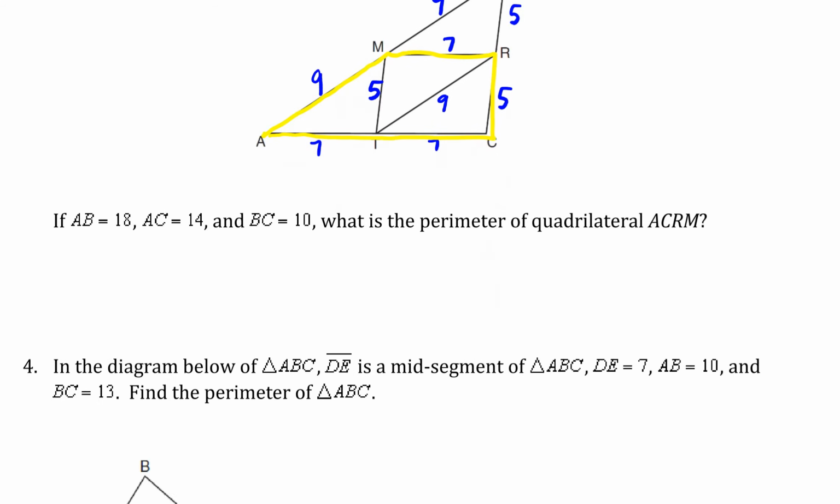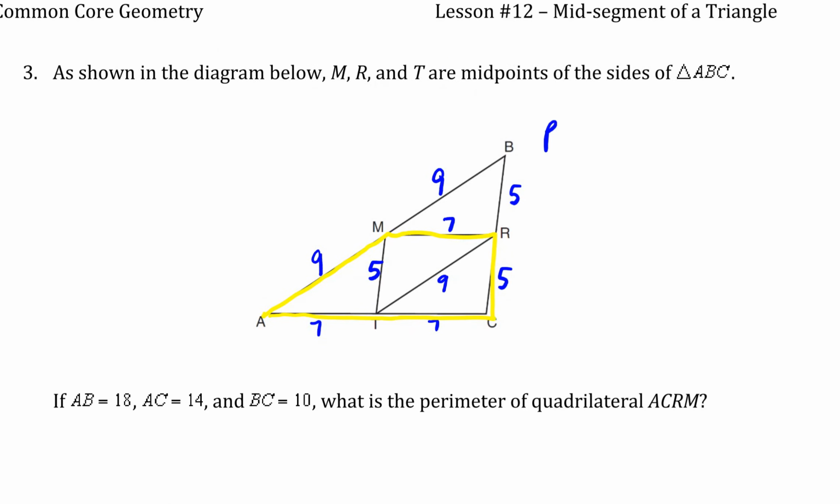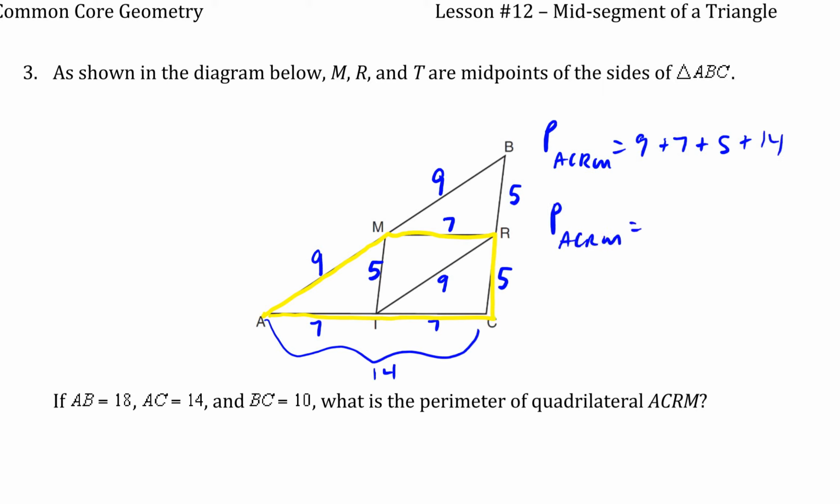So I have a 9, I have a side of 7, I have a side of 5, and I have a side of 14. So the perimeter of ACRM is whatever the sum of all those numbers comes up to. So 9 plus 7 plus 5 plus 14, well, that comes out to be 35.